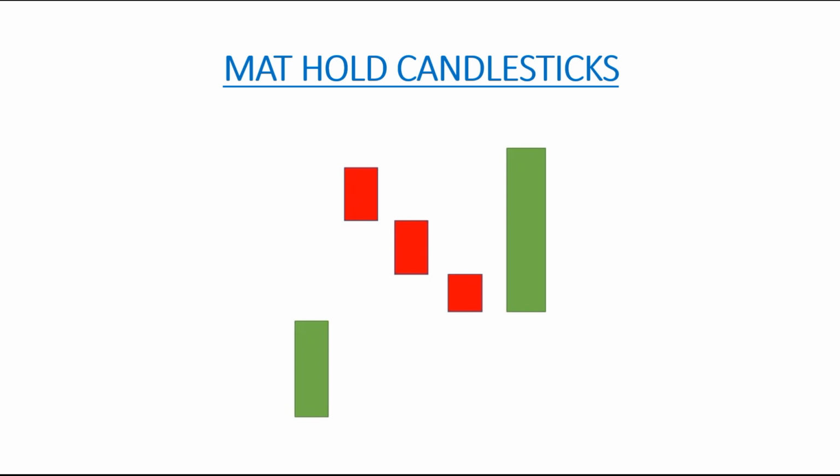So we note a mat hold pattern can be bullish or bearish. The bullish pattern occurs within an uptrend and a bearish pattern occurs within a downtrend.